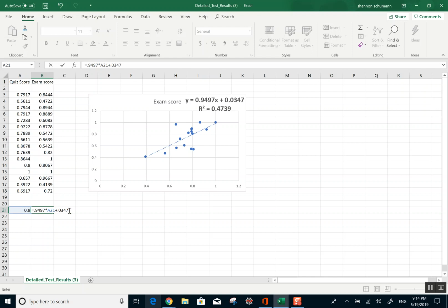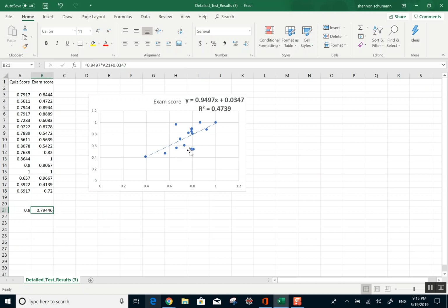You can see what I have written here is the formula from the scatter plot. And I'll hit enter. And this says that somebody who scored an 80% on the quiz, on average, would score around a 79.446 on the exam. So an 80% on the quiz would, on average, come out to be a 79% on the exam. Does that make sense?